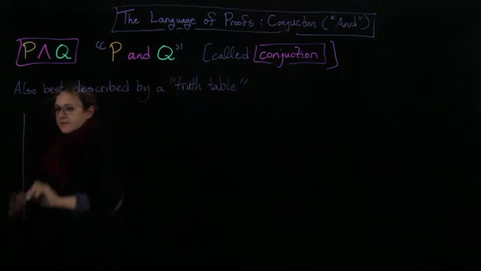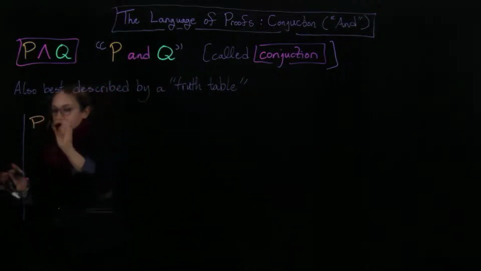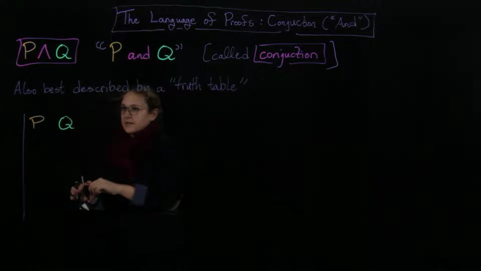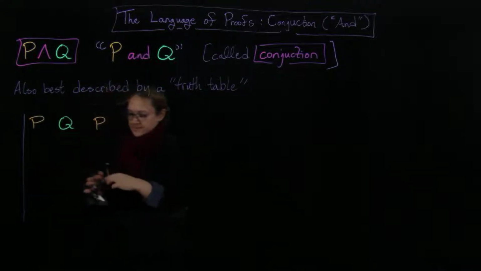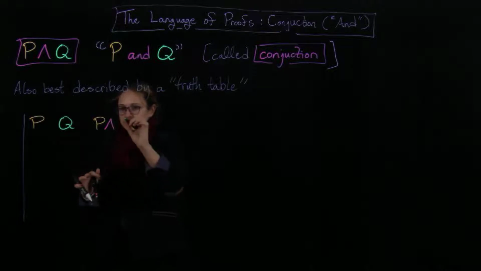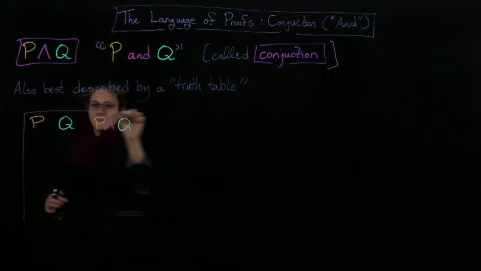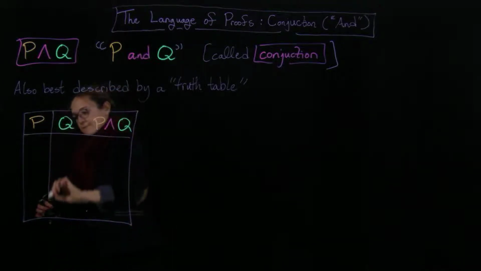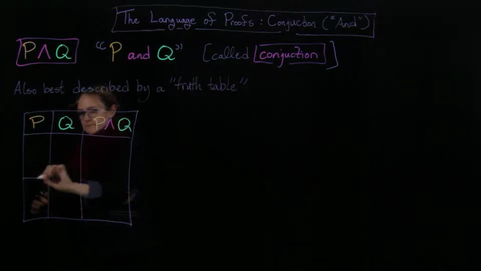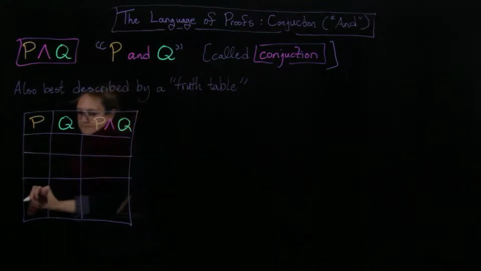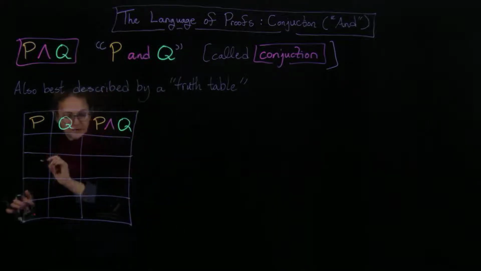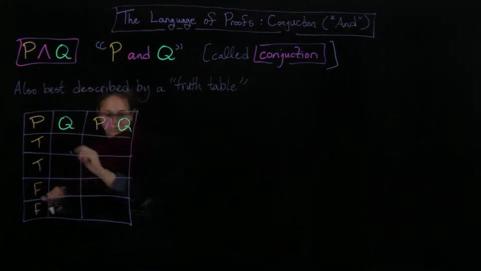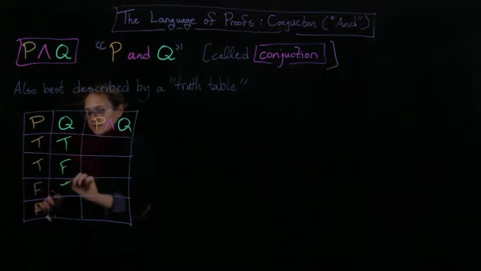It starts the same, where we have P and Q, and then we have P and Q, and we're wondering when each of them is true or false, what that says about P and Q. Here P is true, true, false, false, and Q is true, false, true, false, which is how we make sure that we get all the combinations of true and false between them.